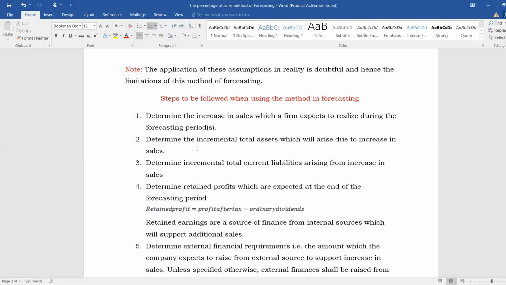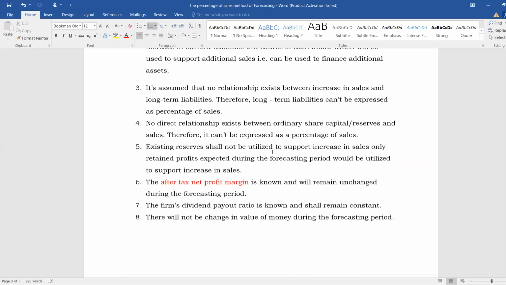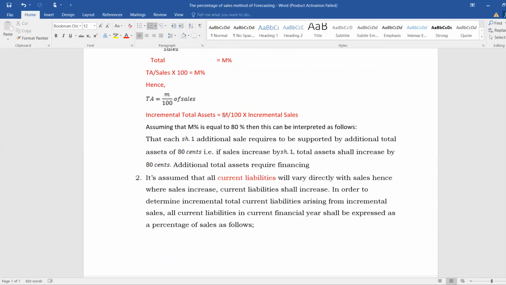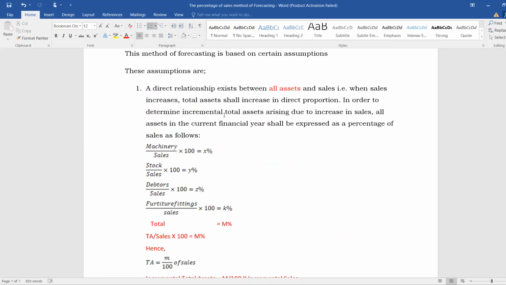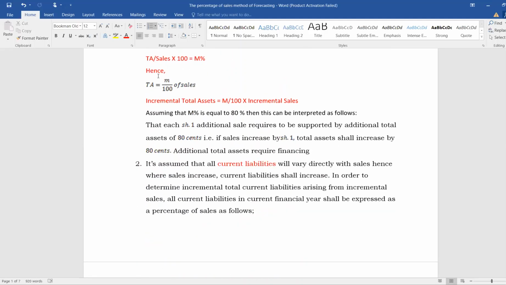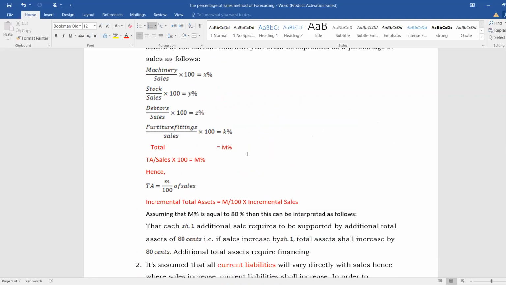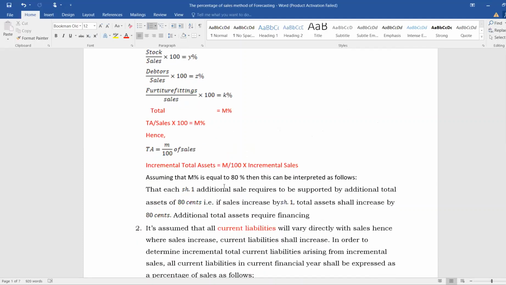Number 2, determine the increase in total assets to arise due to increase in sales. Of course, that's why I've given you this relationship here: the increase in total assets is M% times increase in sales. Once you express all assets as a percentage of sales, find that fixed percentage and find the incremental total assets.